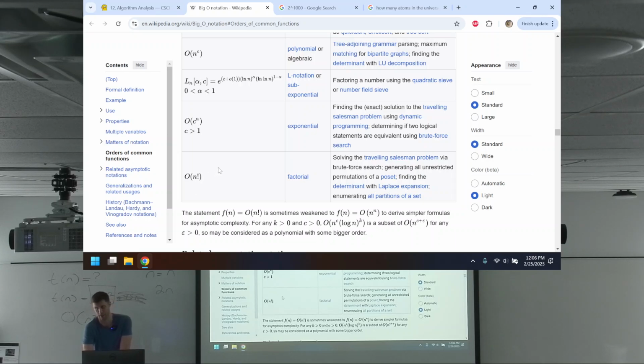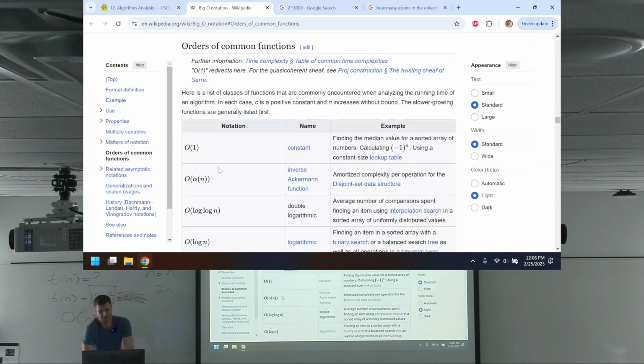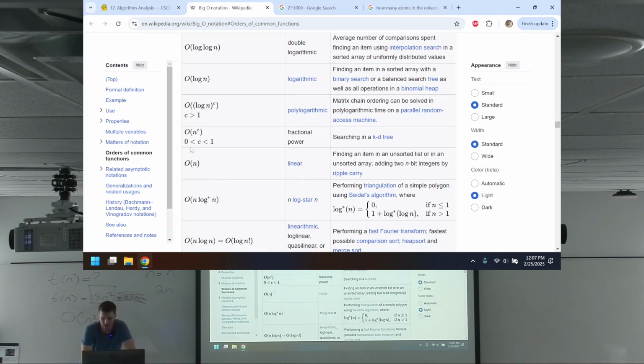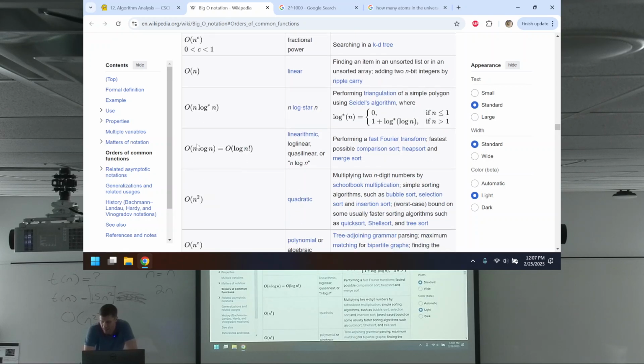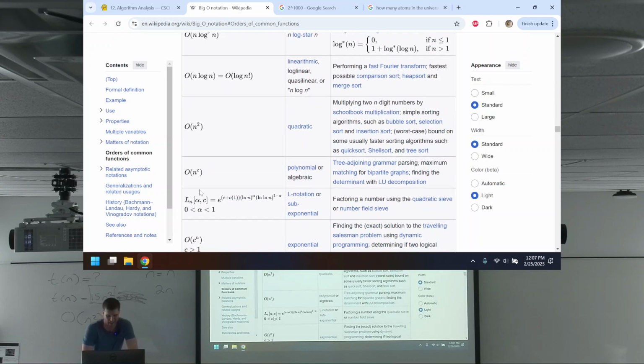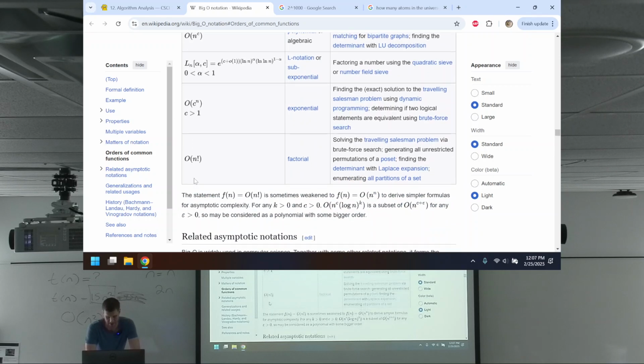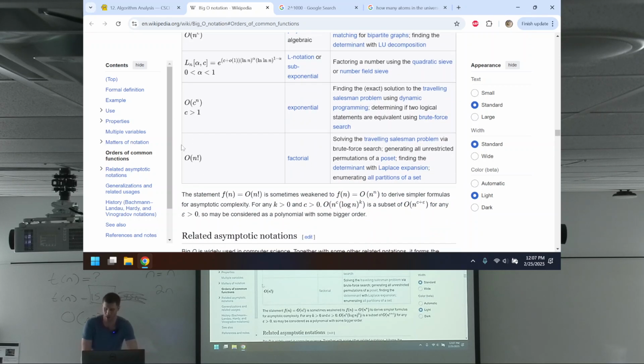Real bad, right? So the ones we often will see in this course are constant, log n, linear, n log n, n squared, n cubed, and c to the n, some constant to some power, like 2 to the n, for example. And then factorial, we won't really see it, but I can give you an example of one of those.